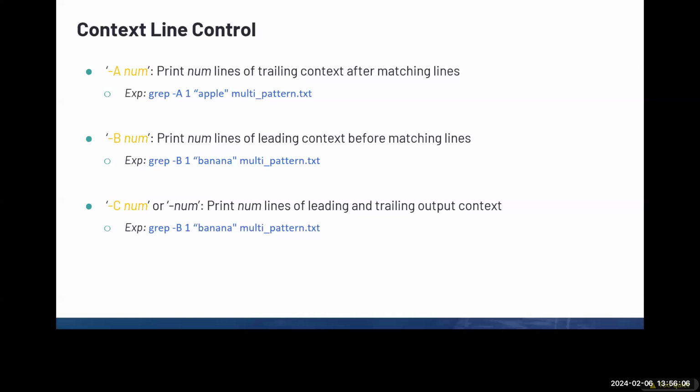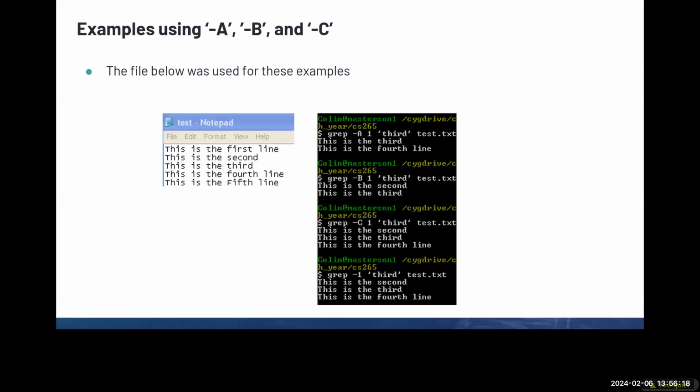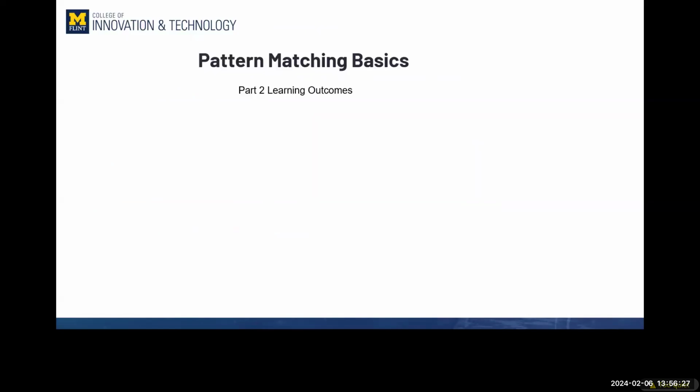So C is the number of lines, the merging of A and B: one line before and one line after, or two lines before and two lines after. So this is an example with just A, with B, and with C. We will try this in our command line.